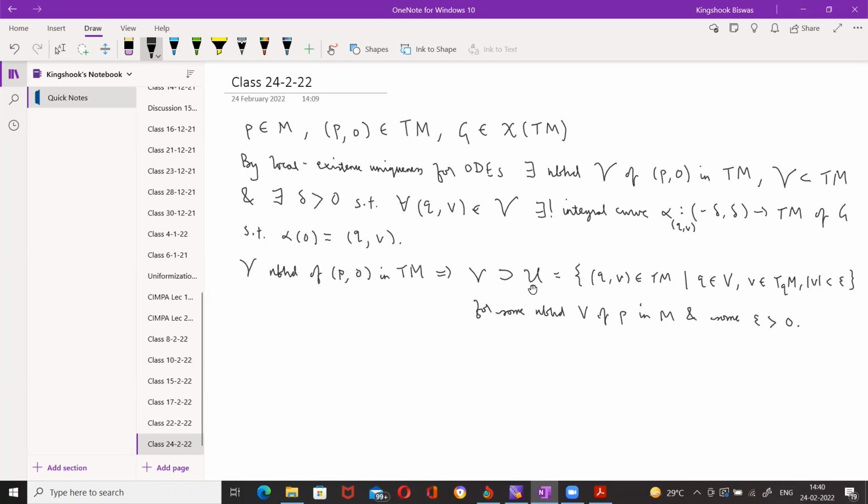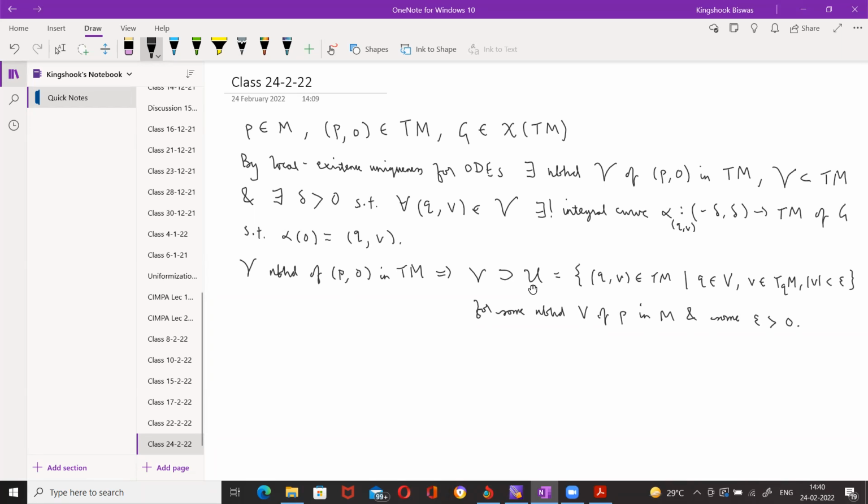So we'll get a neighborhood of this form. Is this clear? This is okay. So then we're done, right?